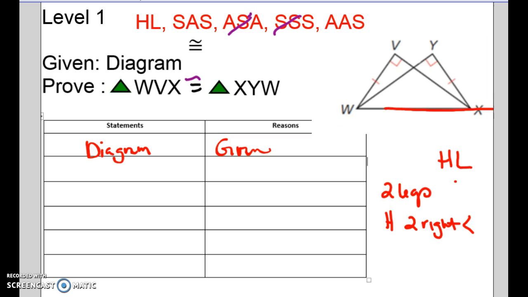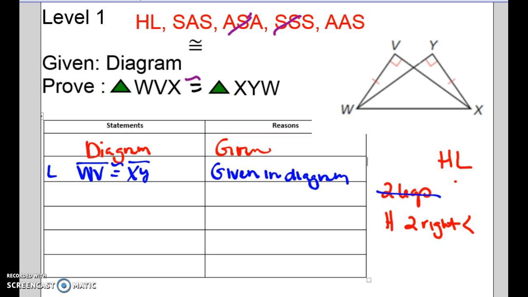So the next thing is I need to be specific about what's marked up in my proof. So I'm going to write down that WV is congruent to XY, and that's given in the diagram. And that is my leg. So I've shown my legs are congruent.